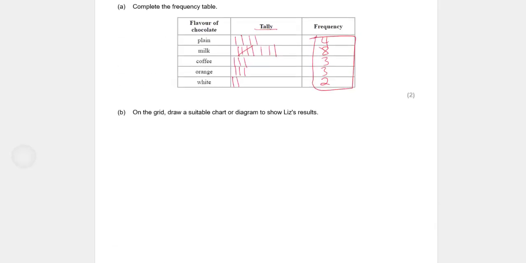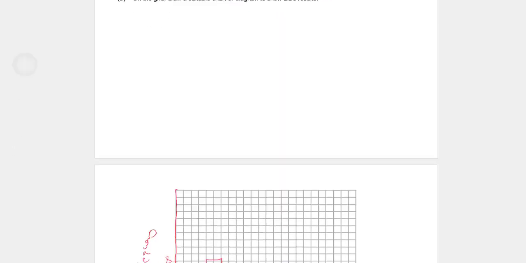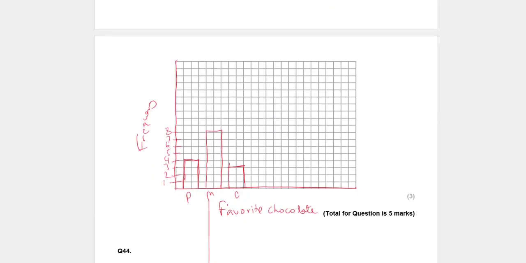Then we have orange, 3, and white, 2. Shade it in so that we can see the bars clearly. Okay, that's a bar chart.